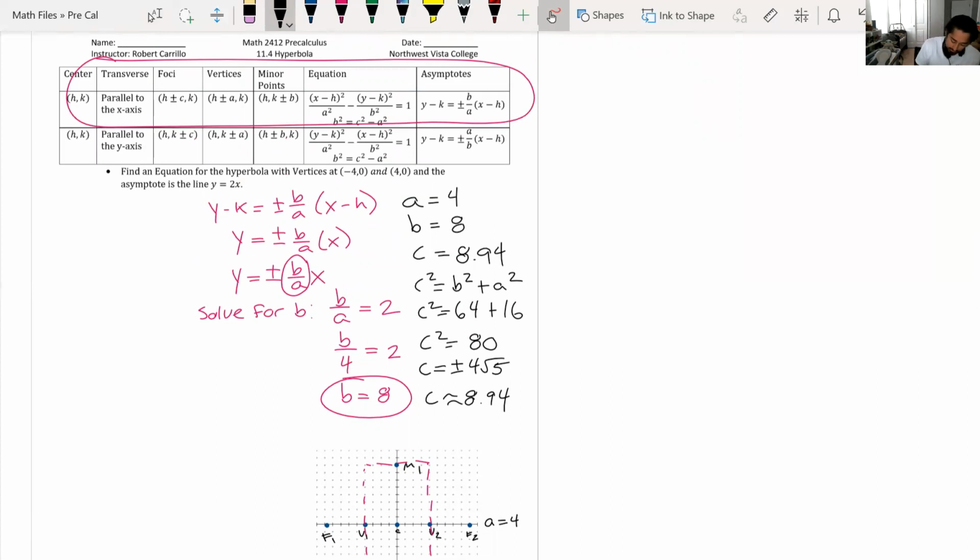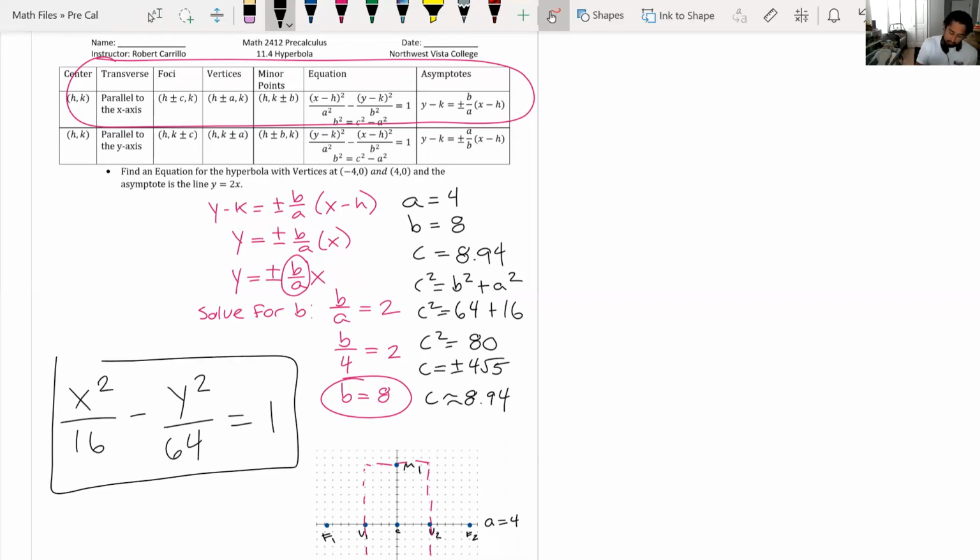So it's going to be x squared over a squared, which is 16, minus y squared over b squared, which is 64, equal to 1.